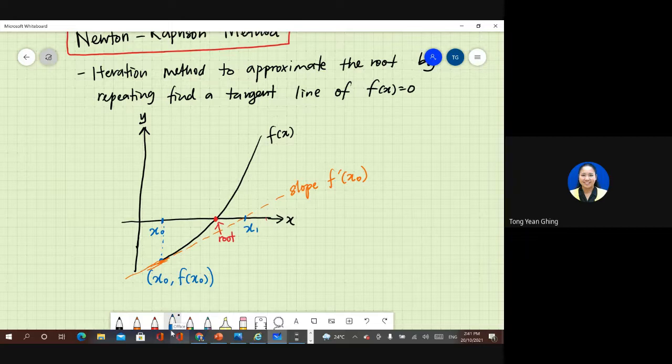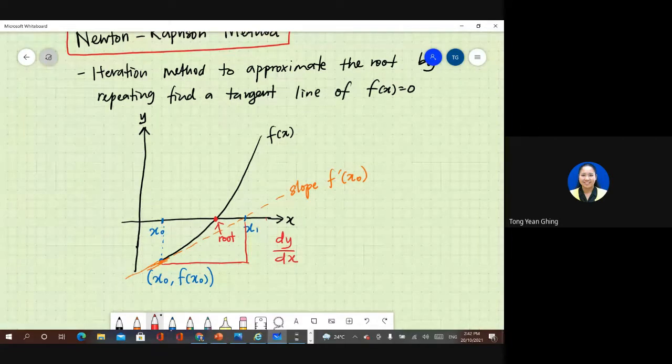Normally, remember the slope of the graph is dy/dx. Remember or not last time? That means this part divided by this part.